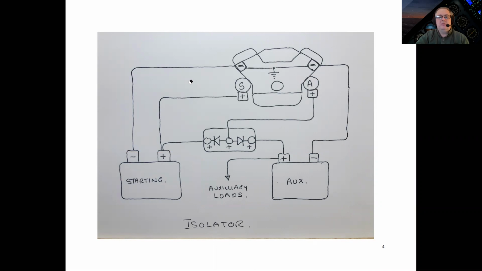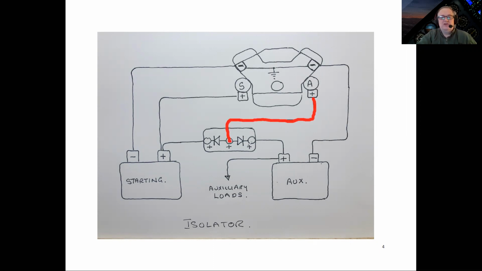So let's take a look at how this actually works. I'm going to start by putting in a line, and I'll just show you where the voltage starts. Now this is your alternator up here. And so the charge would come from the positive terminal in your alternator. Now this is if the engine's running, right? If the engine is running, this comes to this point, and this is called your isolator.